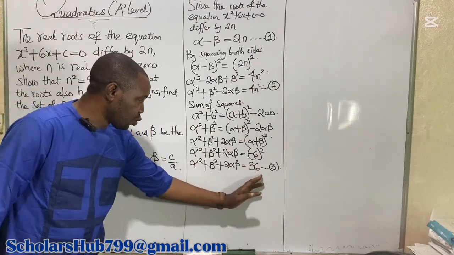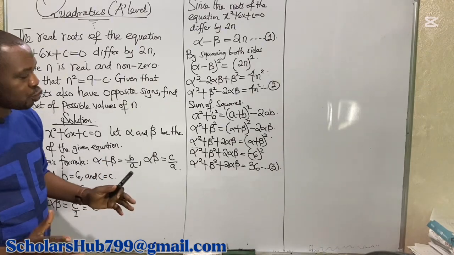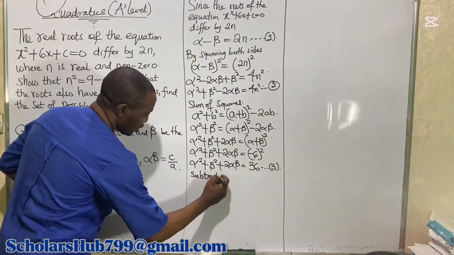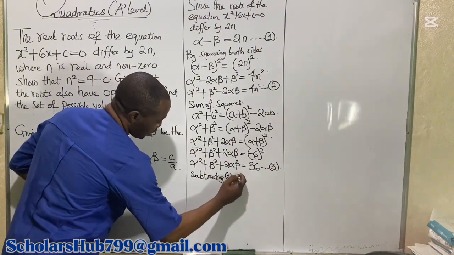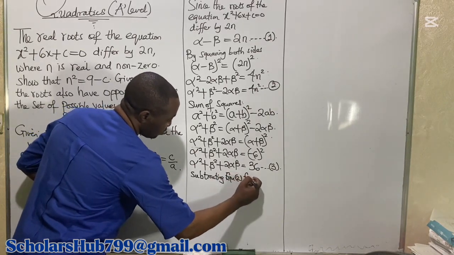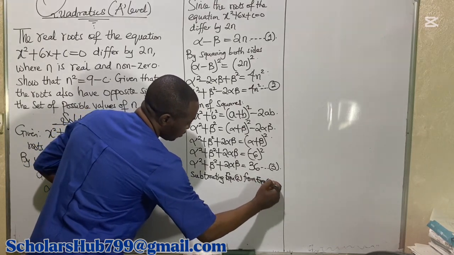And that is what we have as equation 3. Now what we're going to do is subtract equation 2 from equation 3.